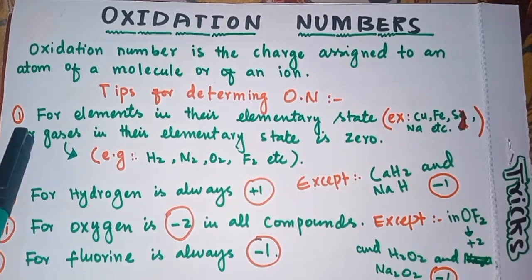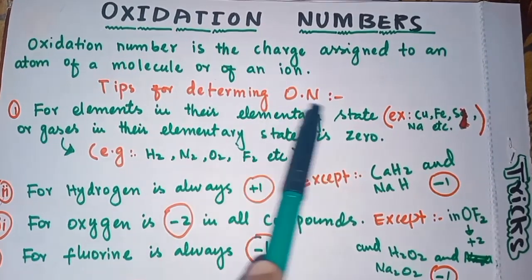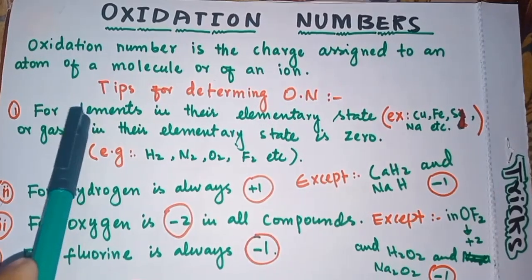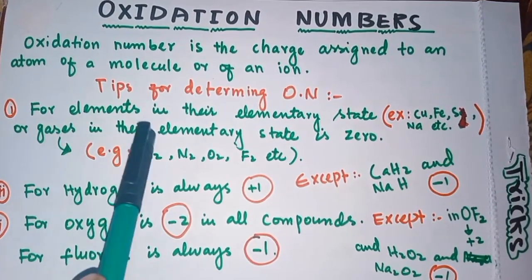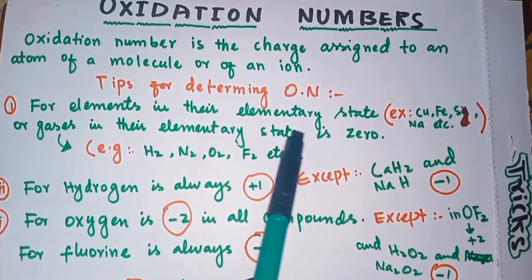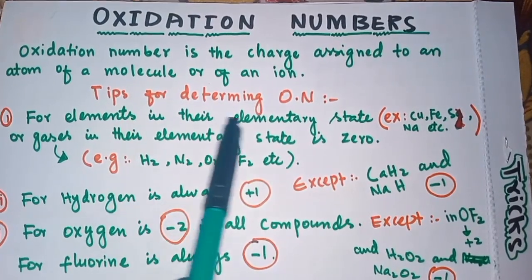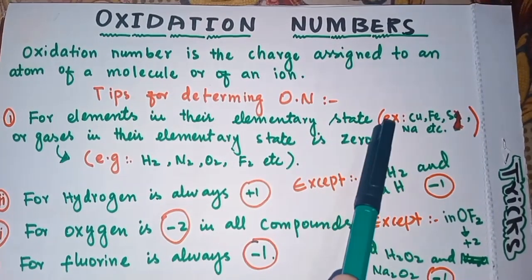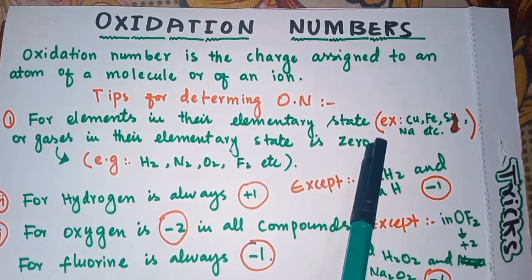So tip number 1: elements in their elementary state have oxidation number 0. Gases in their elementary state have oxidation number 0. Let's talk about examples like copper, iron, sulfur, sodium.